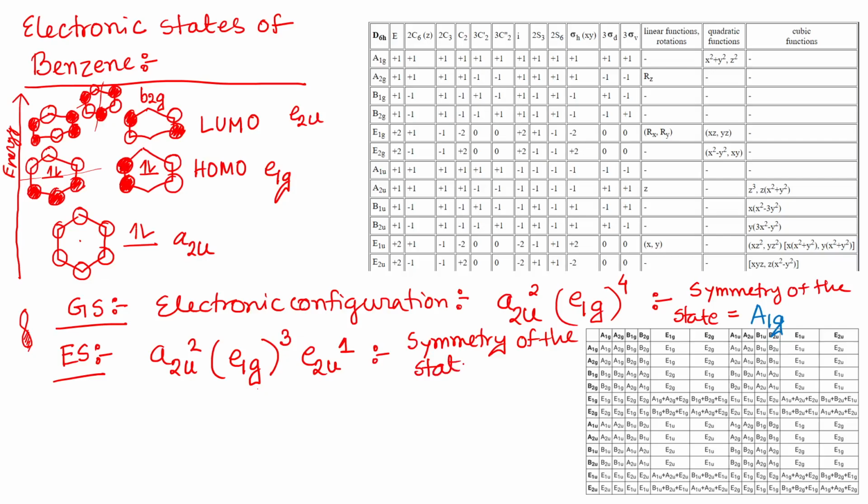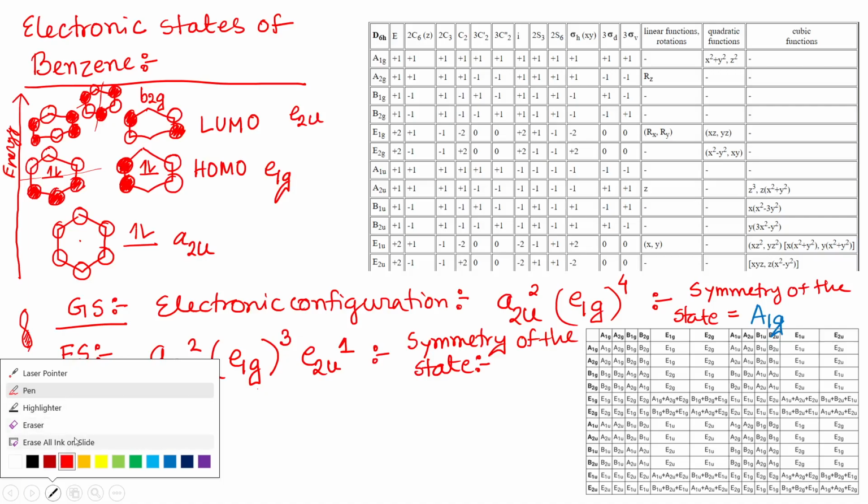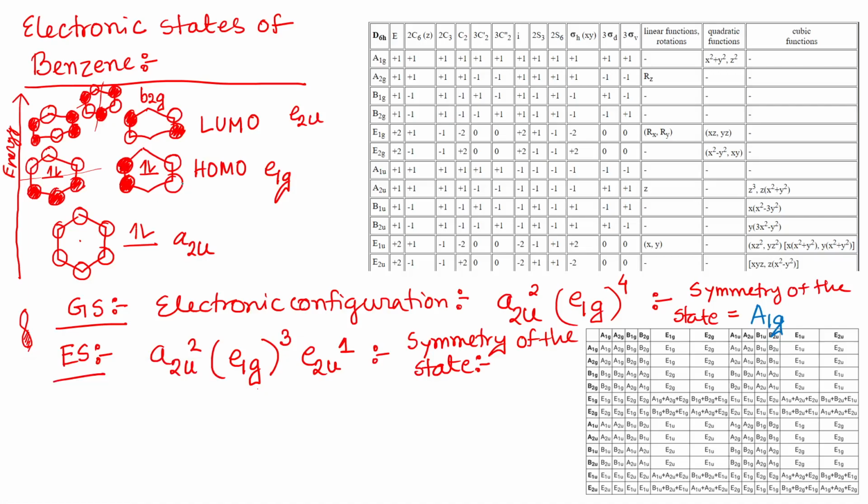Direct product, right? Direct product of these three. Which three? No, A2U is not required because it is already fully filled, so I am not bothered about that. What else? Only E1G and E2U.